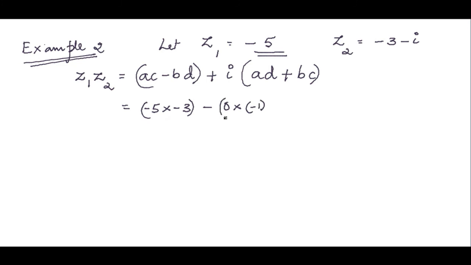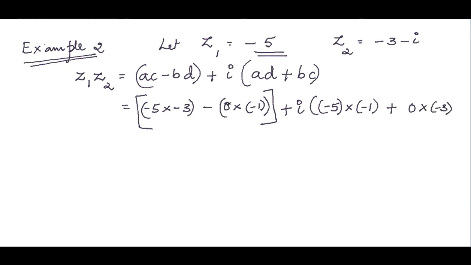So this forms B into D. Let me put one more bracket just to separate it, plus i into, what is A? A is minus 5. What is D? D is minus 1, plus what is B? B is 0. What is C? C is minus 3.